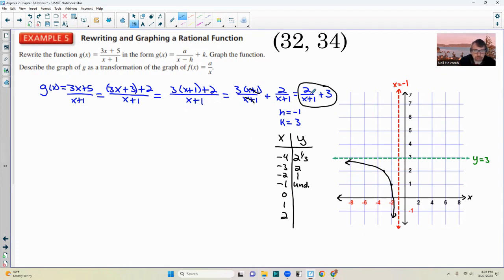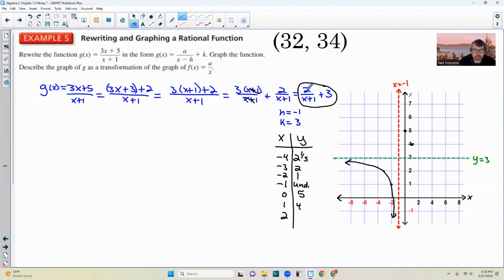If I put 0 in here, it's 2 over 1 plus 0, or 1, which is 2 plus 3 is 5. Go over 0, up 5 is right here on the y-axis. Plug in a 1, and I get 2 over 1 plus 1, which is 2. 2 over 2 is 1. 1 plus 3 is 4. That's the point 1 comma 4, which is right here.